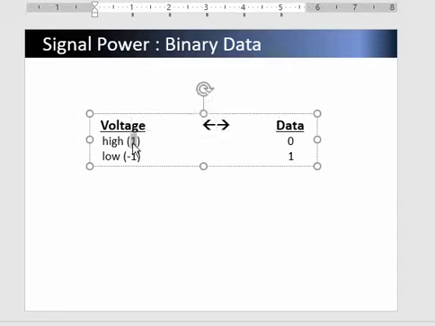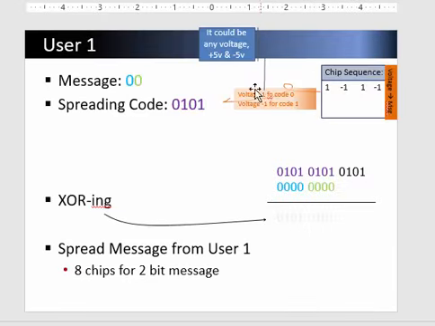It could be 2 volts, 5 volts, 10 volts. It depends on the amount of energy that you want to use. Therefore, it is proportional to the distance that the signal may reach. So it is converted.